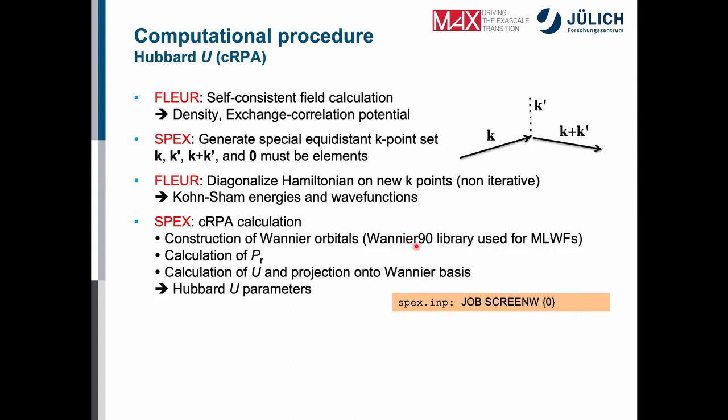Of course, you have to change the job definition, and you have to define a Wannier basis for the correlated subspace. The rest is done by the Spex code. If maximally localized Wannier functions are requested, Spex calls the Wannier90 library. The elimination of the subspace polarization and the projection of the interaction onto the Wannier basis is all done automatically.